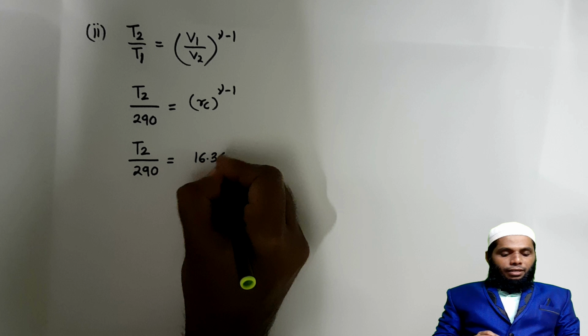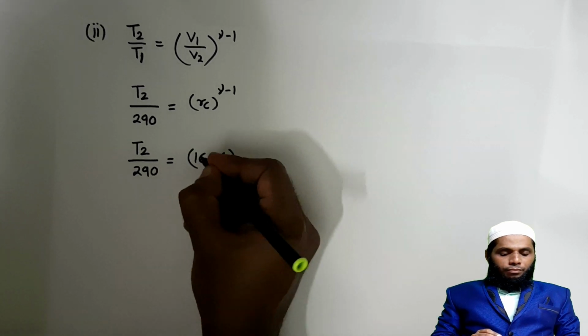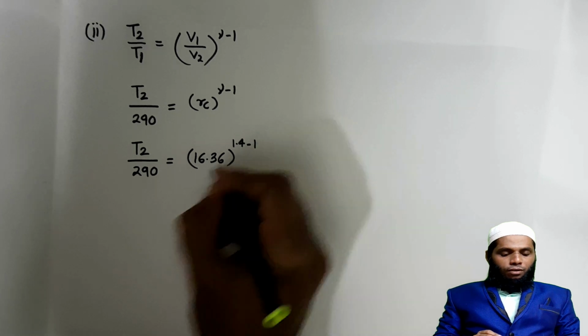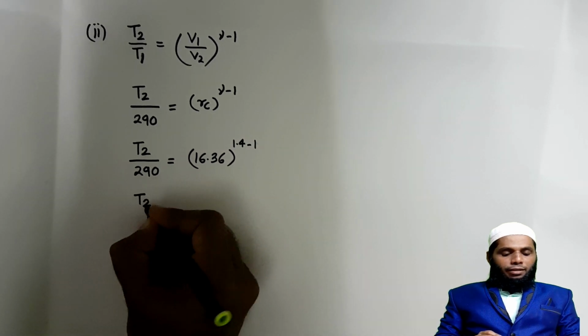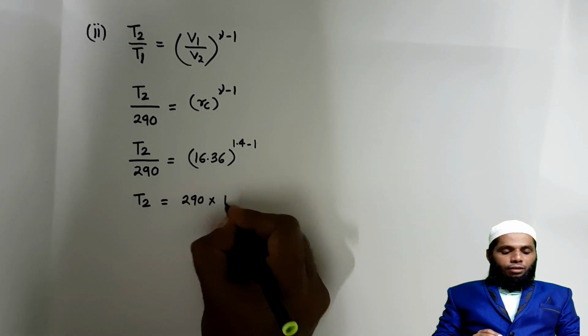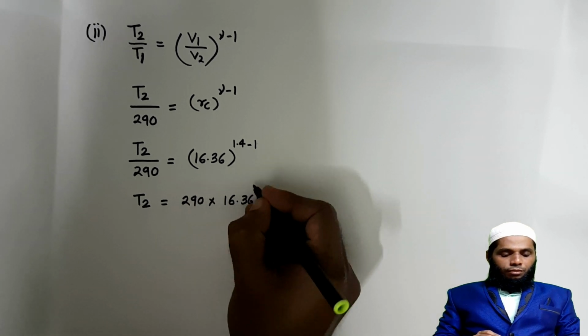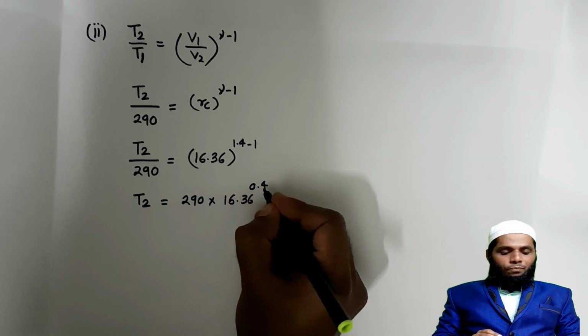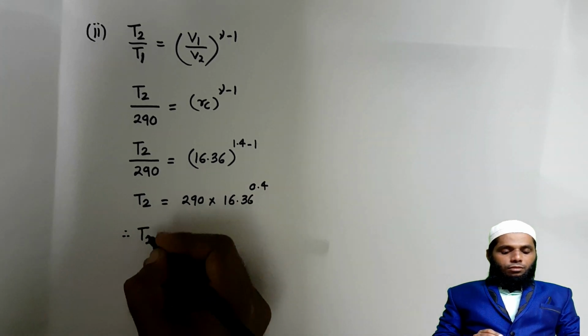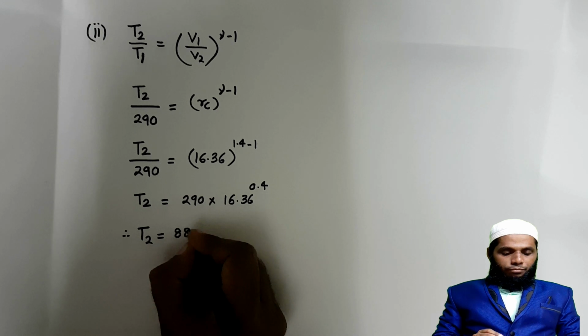So T2 divided by 290 is equal to 16.36 raised to power 1.4 minus 1. So we'll calculate this value. 290 multiply by 16.36 raised to power 0.4.